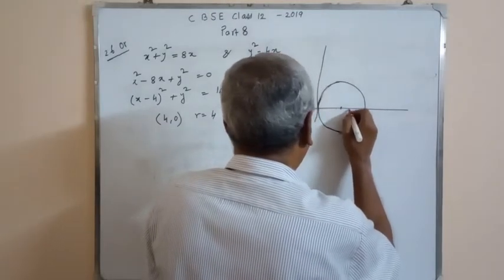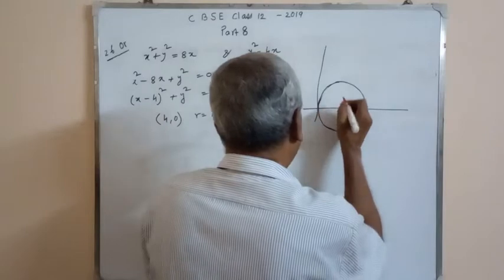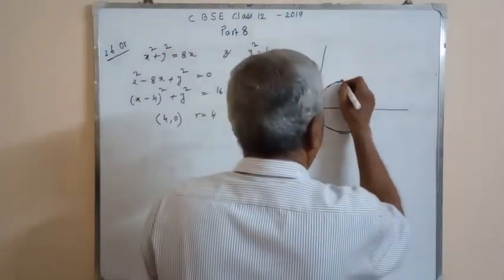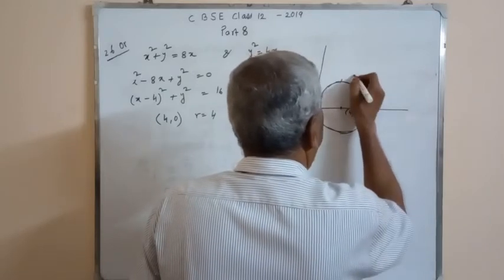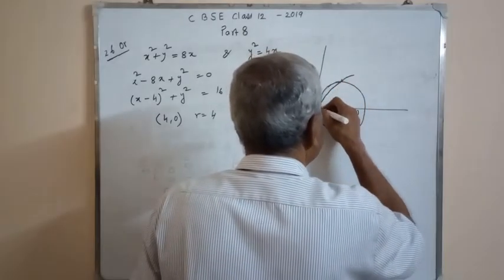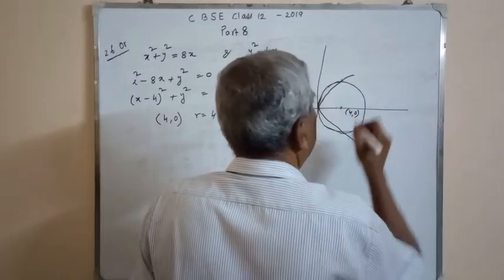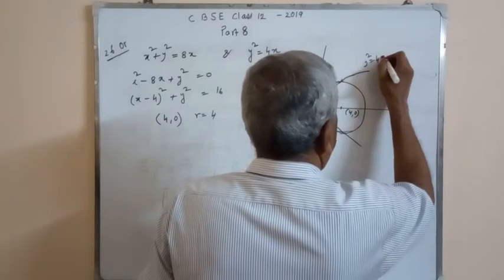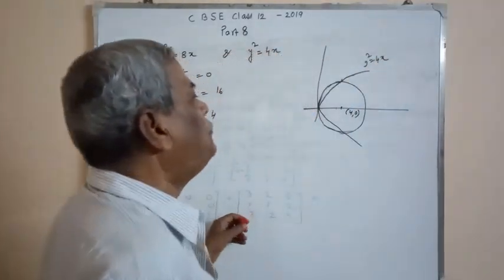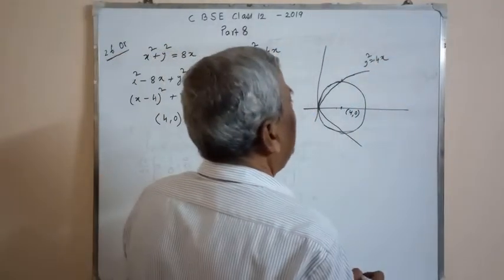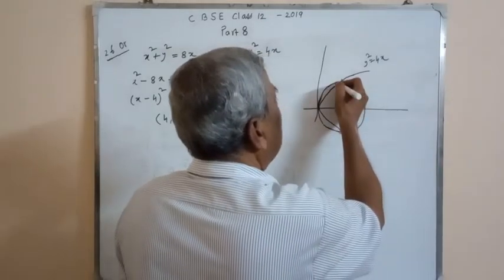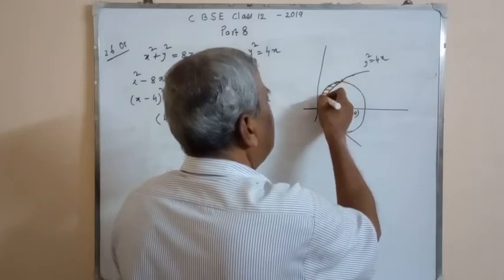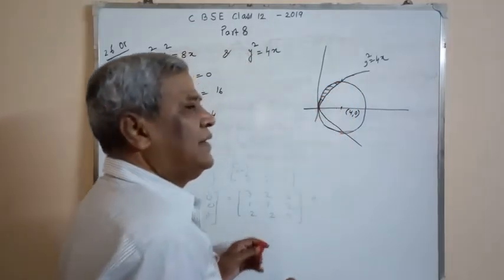Radius is 4, and this is the parabola y square is equal to 4x. So we have to find the area bounded by the circle and the parabola. So the shaded part is the required region.